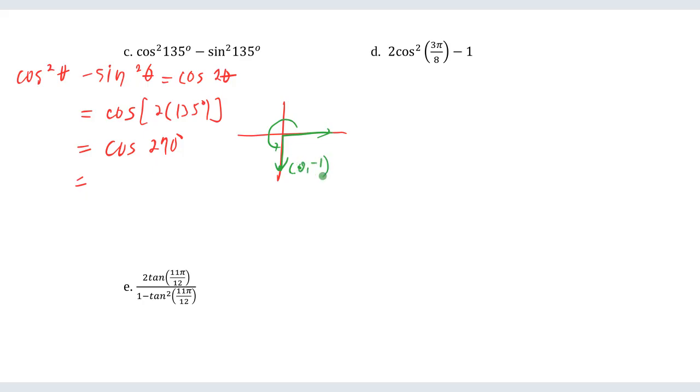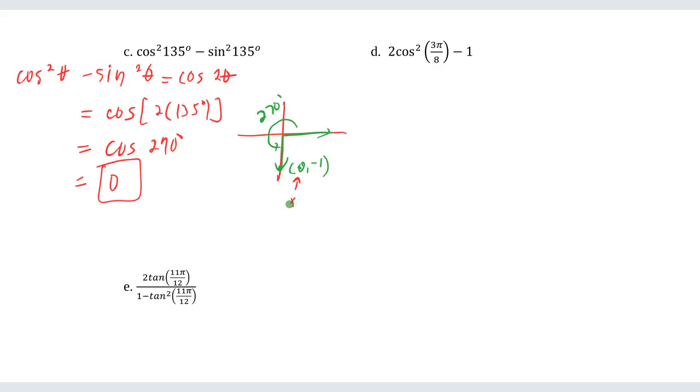By definition, cosine is the x value from the unit circle. So in this case, cosine 270 degrees is equal to 0, since we're talking about cosine, the x value.